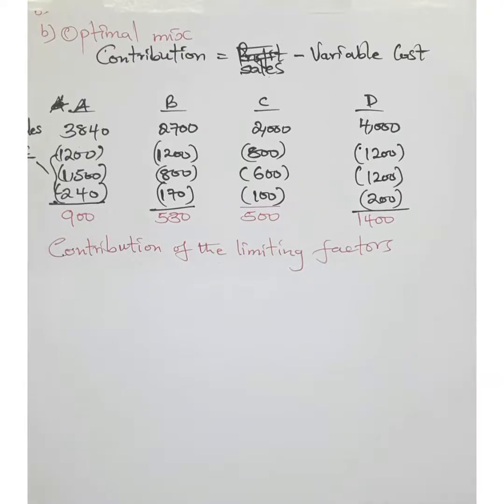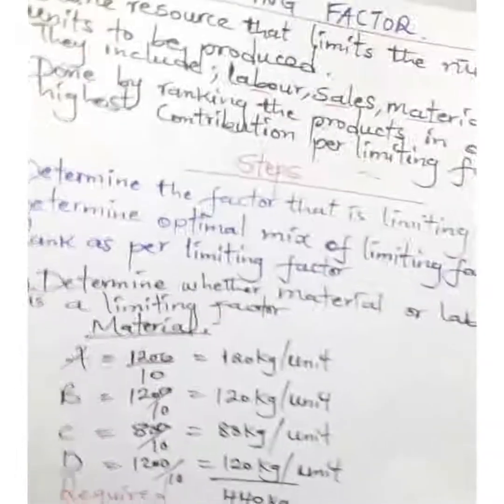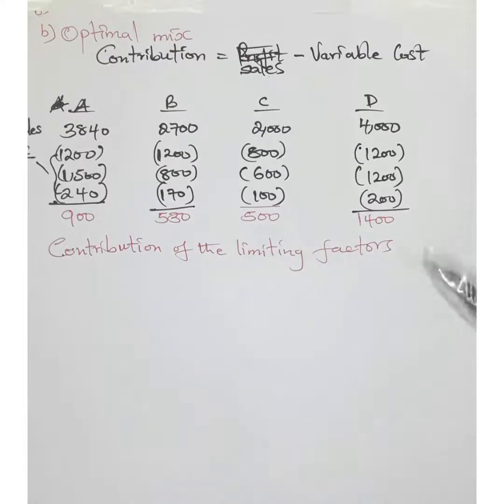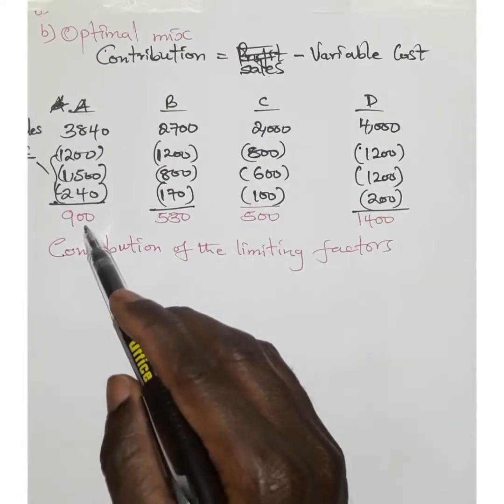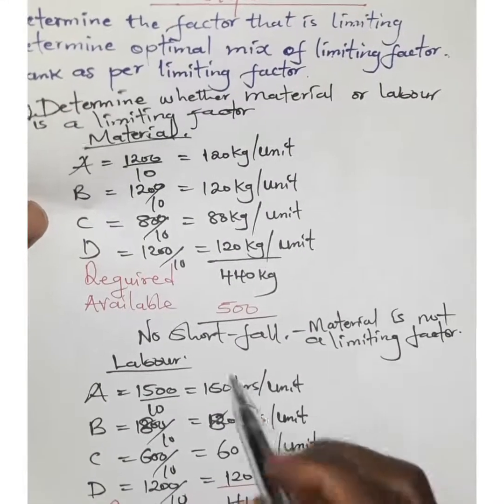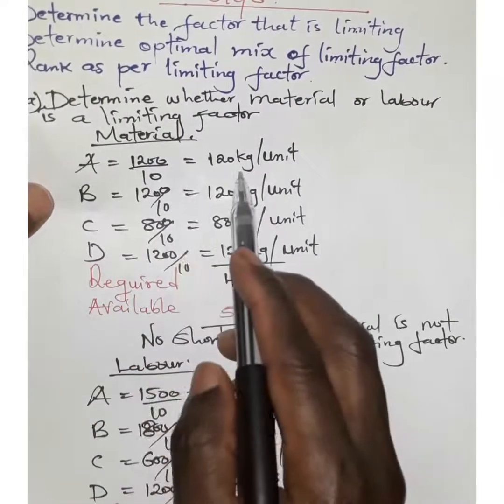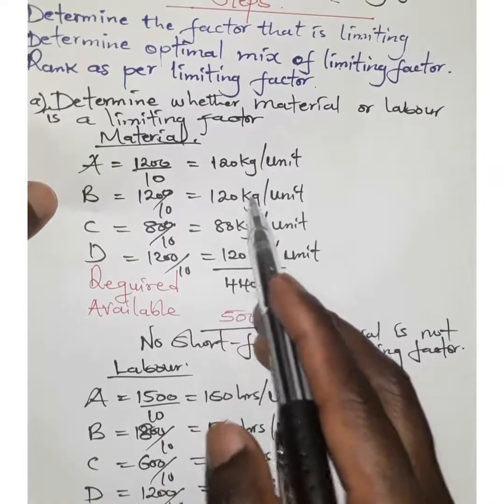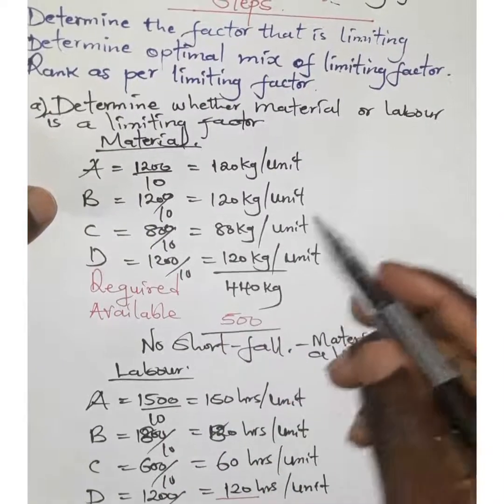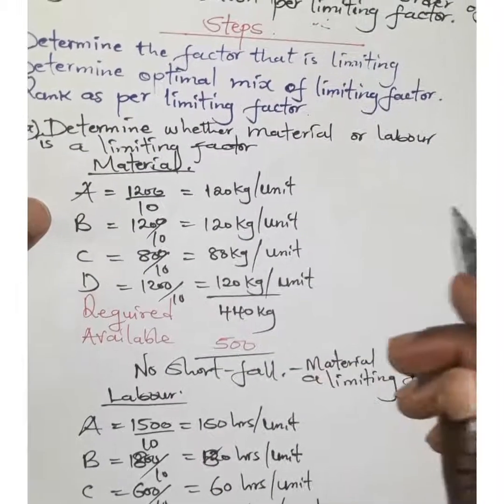For you to get the contribution of the limiting factor, note that the contributions you're seeing here are in terms of units, and we are told that for A, for example, we have 120, for B, we have 200.